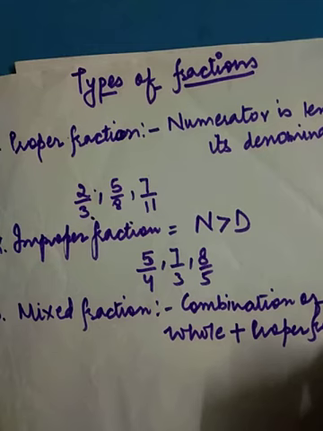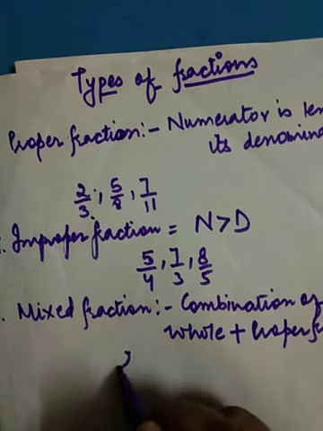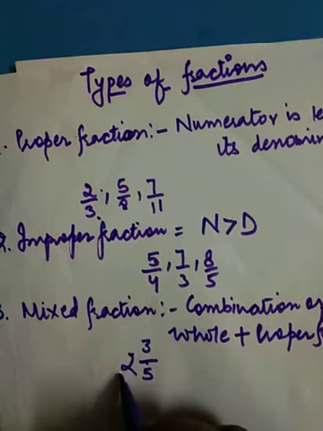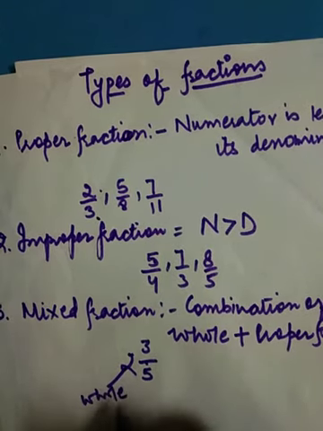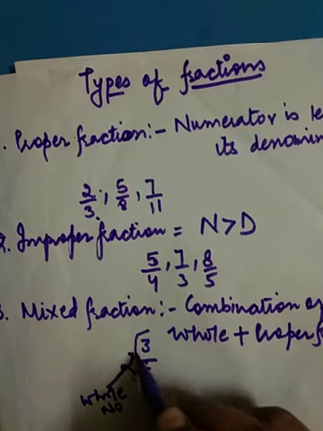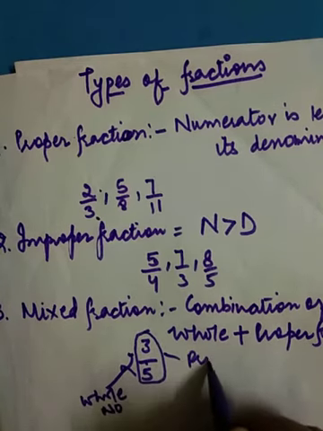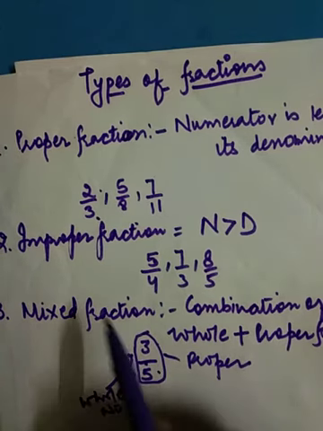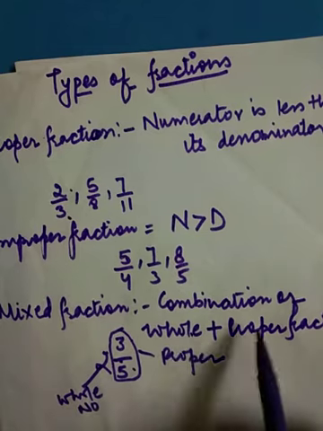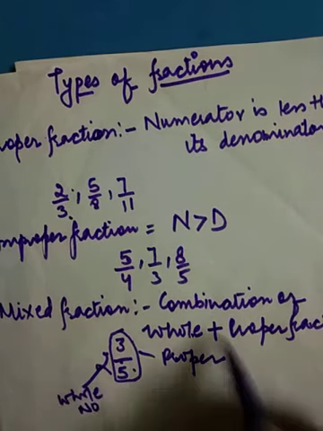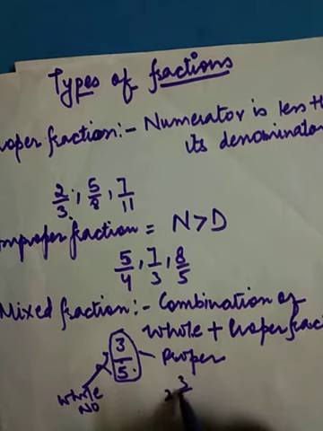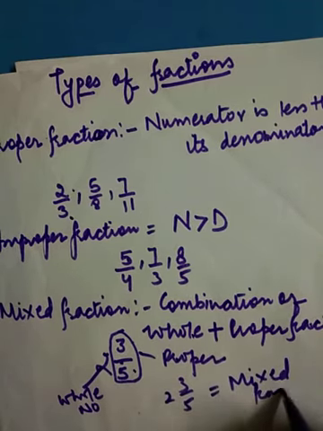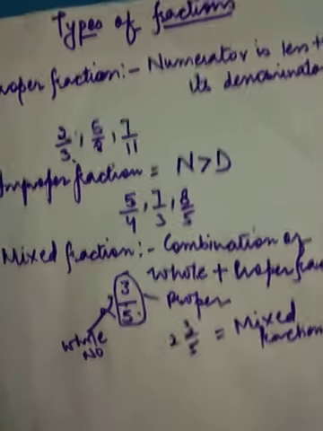For example, we can write 2 and 3 by 5. 2 is the whole number and 3 by 5 is a proper fraction. What is a proper fraction? The numerator is less than its denominator. So the combination of a whole number and a proper fraction is called a mixed fraction. So now 2 3 by 5 is a mixed fraction.